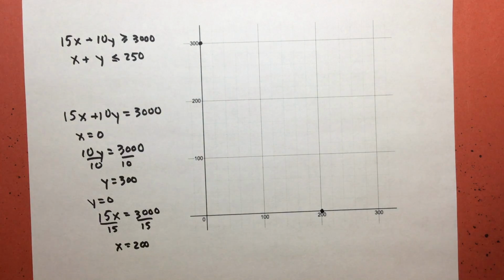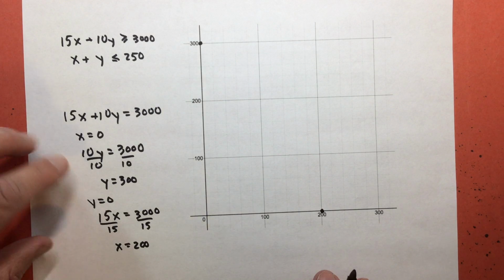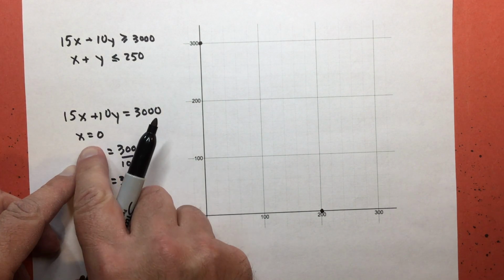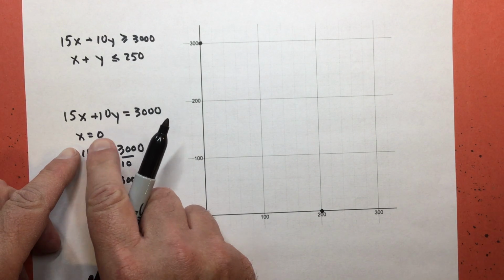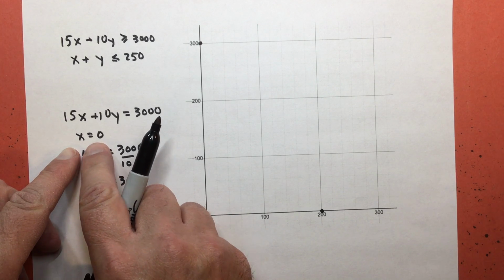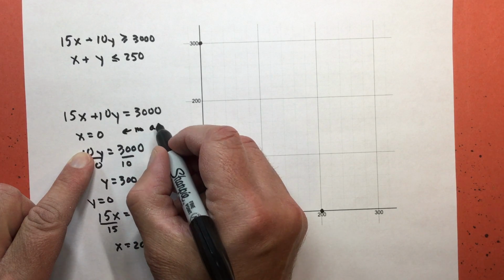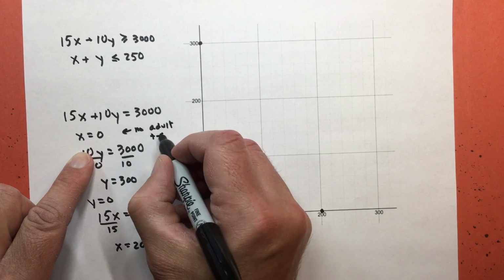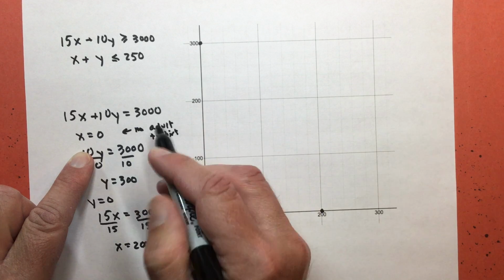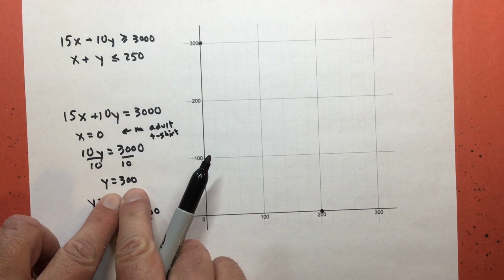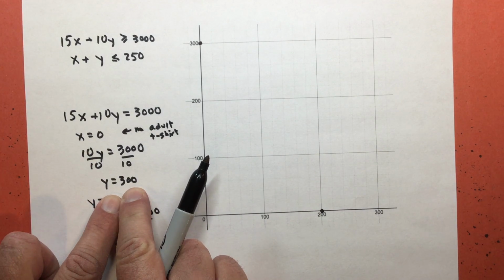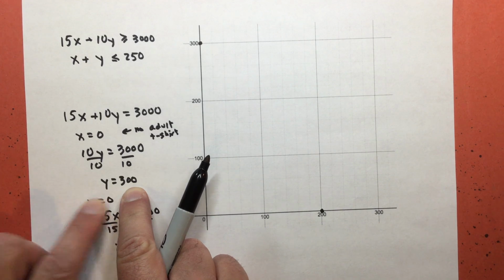By the way, I want to mention this. Check this out. What I'm actually doing here: if x equals 0, that means they sold no adult t-shirts. And in order to make the $3,000, they have to sell exactly 300 student t-shirts.